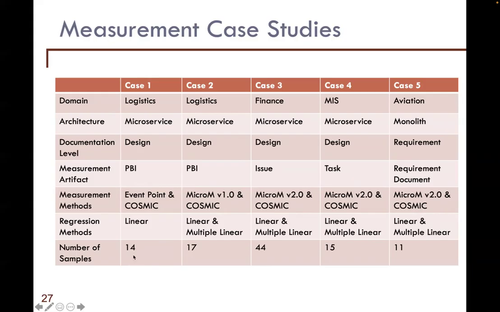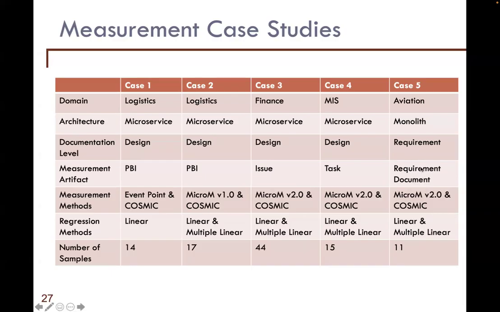So we had different numbers of sample sizes, but these samples were different things actually. Some of them are tasks, some of them are actual requirements documents. So the granularity of the measurement artifact is not the same in all cases.